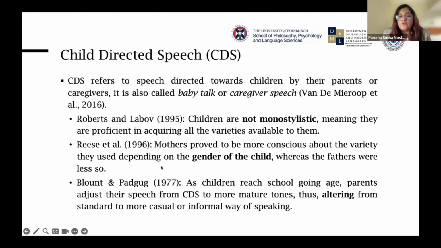Another piece of research said that mothers prove to be more conscious about which kind of variety they're using depending on the gender of the child. And another one says that by school-going age, the kind of shifts that we are seeing right now lessen quite a lot.